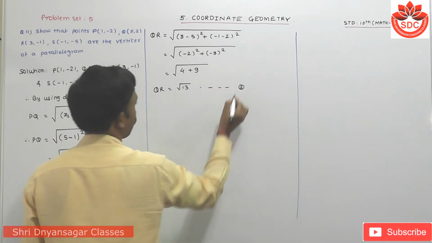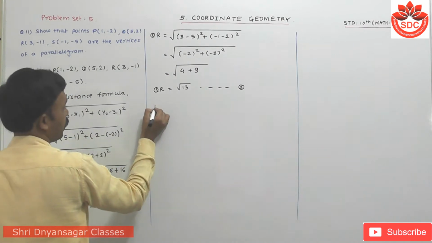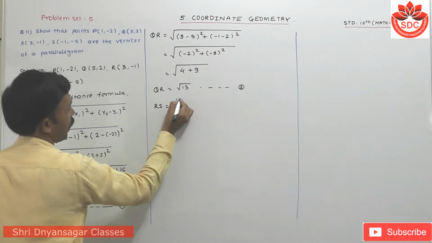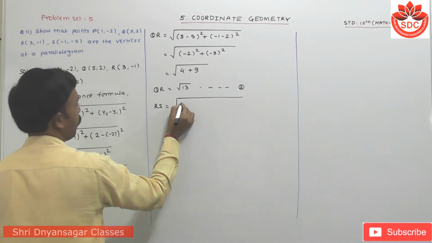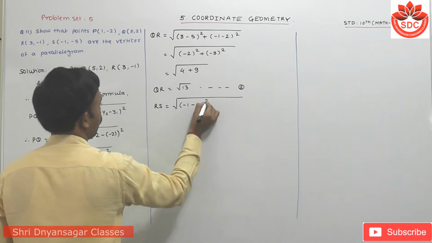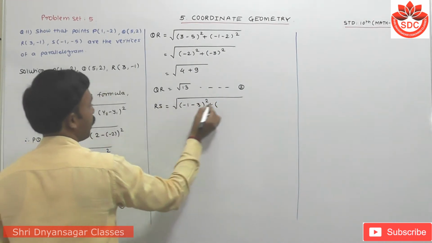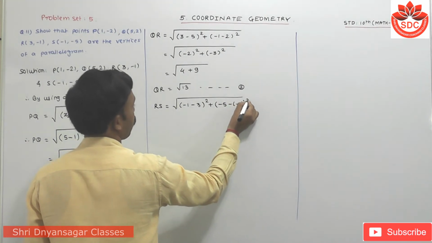Suppose that this is equation number 2. Then we have to find the third distance, RS, by using the distance formula again. Use x1, y1, x2, y2. At that time x2 is minus 1 minus 3, bracket square, plus y2 is minus 5 minus 1, bracket square.